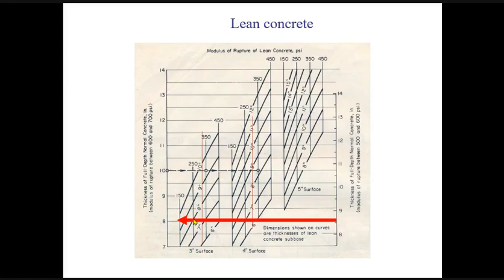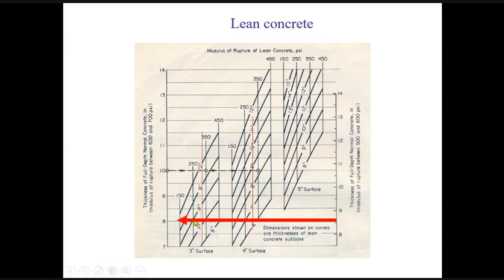So if I had 8.5 inches, by using a 4-inch lean concrete, I can now have 7 inches of my main concrete with a 4-inch base, or if I provided a 3-inch lean concrete, then I could have 8 inches of main concrete.